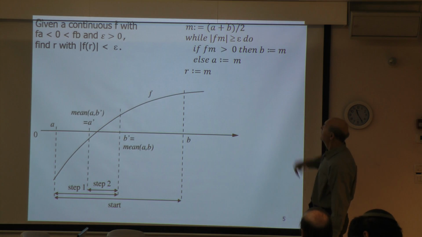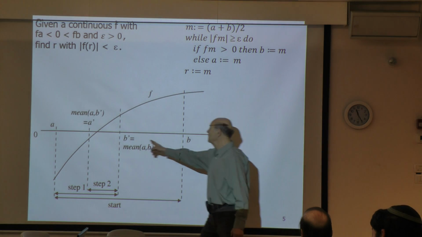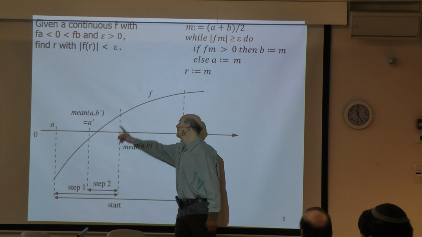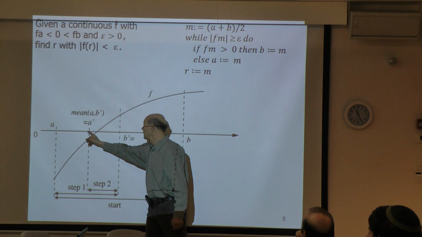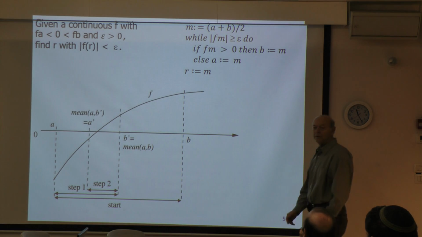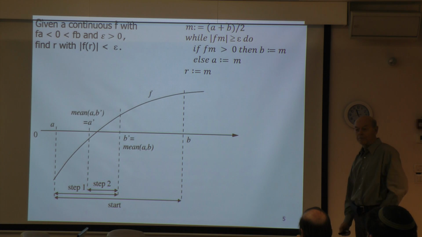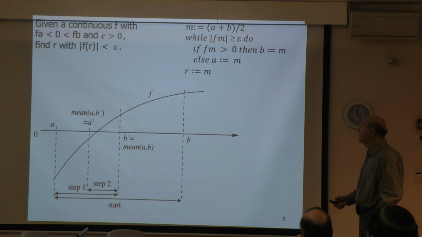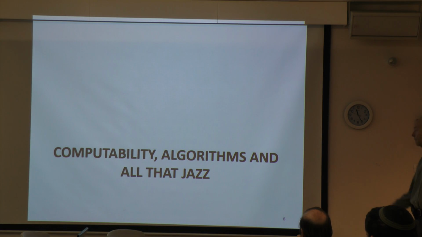You do it by halving. Take half the distance between A and B, see what happens. In this case, it's still positive. You halve again, check. And by continuity, one can prove that it converges. This is how the sections are called.